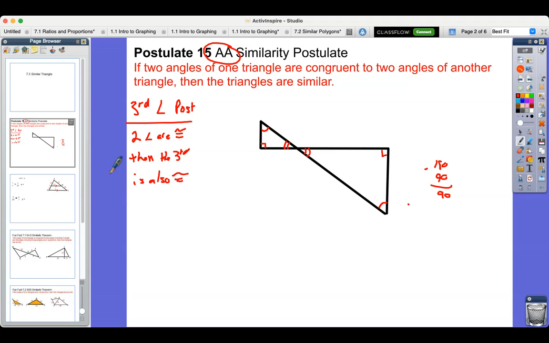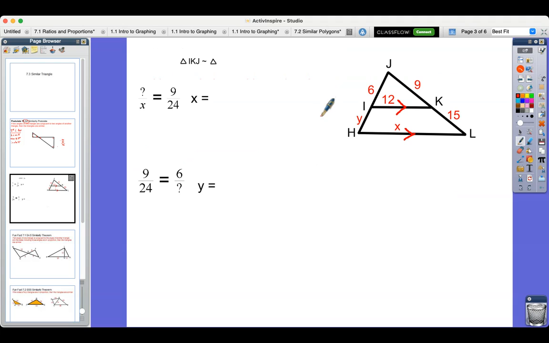All right, let's look at this. Here we have two triangles. The question is, what are the two triangles? Let's start with the first one, triangle IKJ. This is the first triangle. You see these arrows right here? They mean these two lines are parallel.